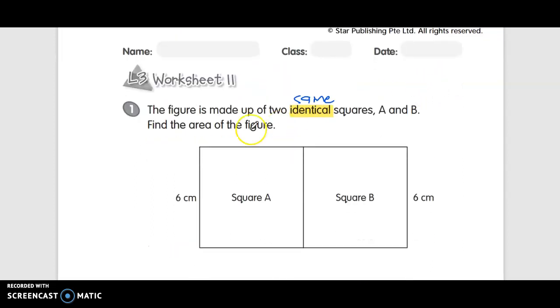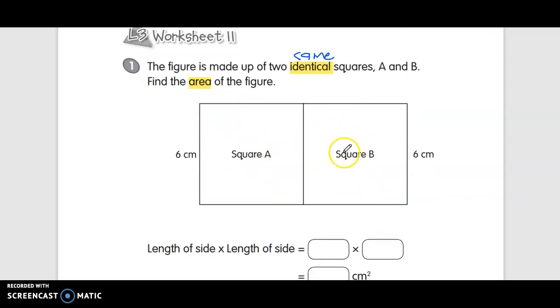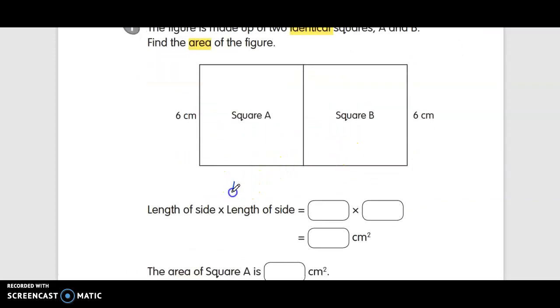Now, how do we find the area of these 2 figures added up together? So again, area means the inside. Okay, if you see my cursor is shading the inside. And we know that to find area, what is the formula? Length times breadth. Okay, so I've already said this from the beginning of the lesson.